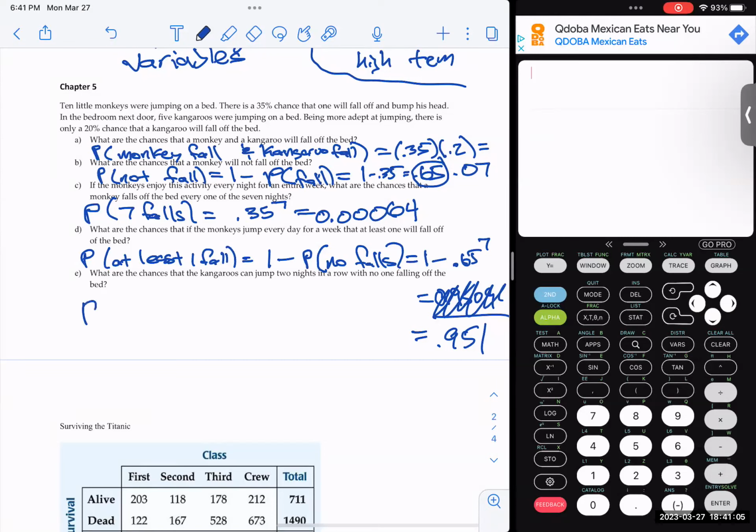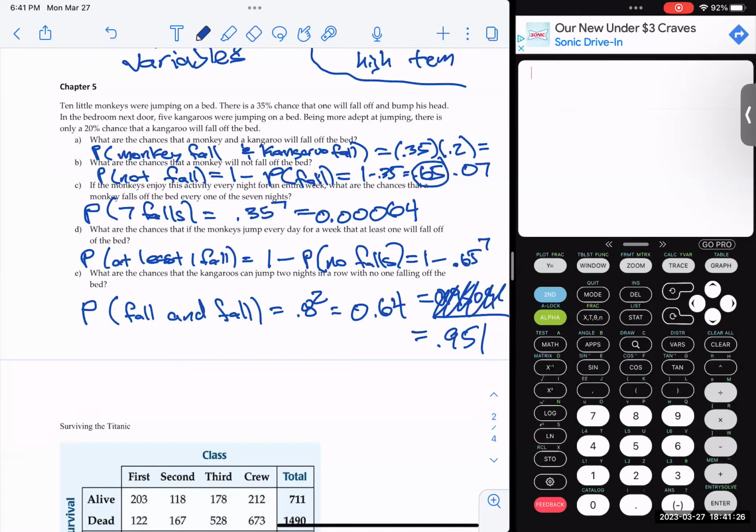So that would be P of fall and fall. 0.8 squared is great. So that is what, 0.64? It is. So, oh, hang on. There's a 20% chance it'll fall.